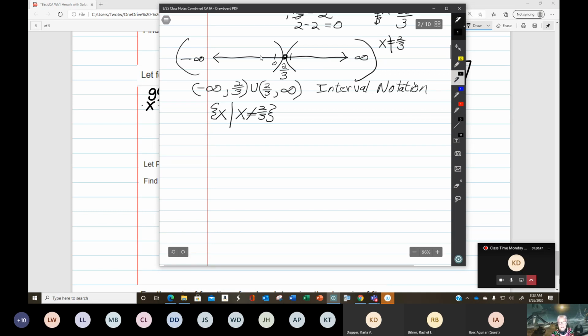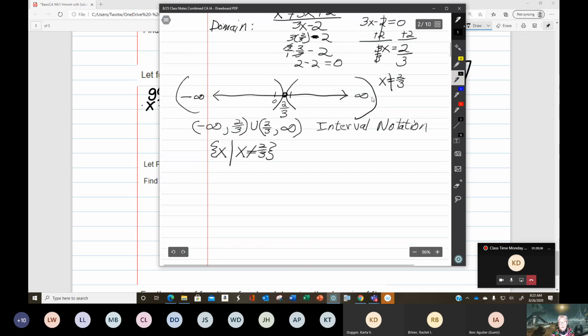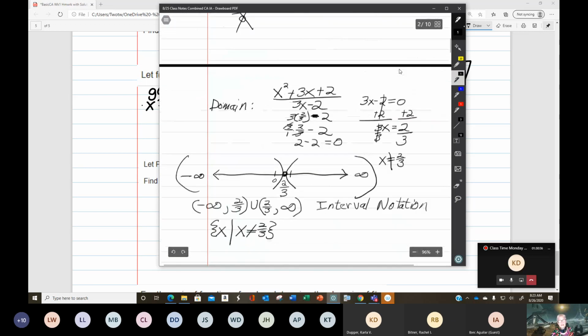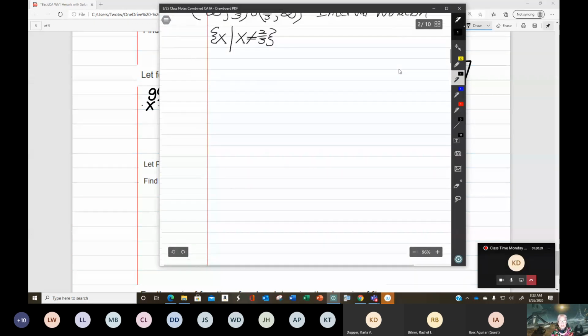So that is just about the story of our function arithmetic, except there's one more thing that's actually ridiculously easy.